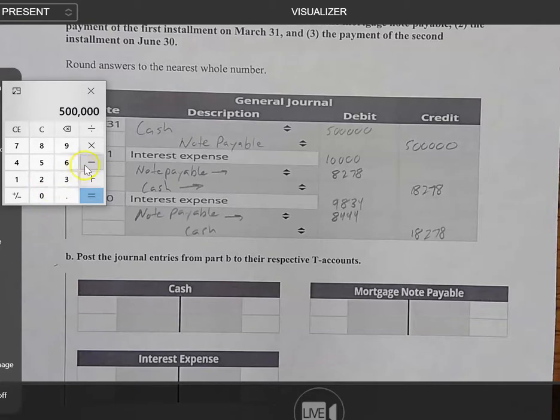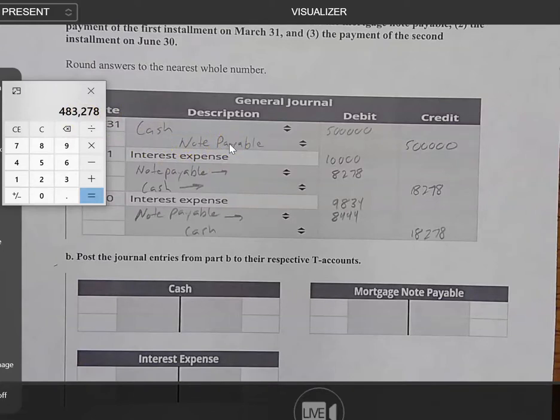If we had to go one more period, we would have taken this reduction here, and that would give us this amount here. And then for the next period, our carrying amount would be this minus the reduction to note payable. So as we go, we're incurring some interest expense, but we're also reducing the amount of debt that we owe.